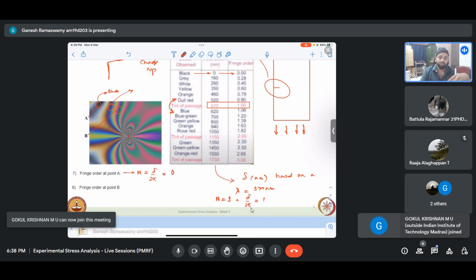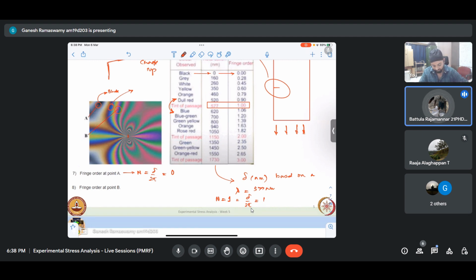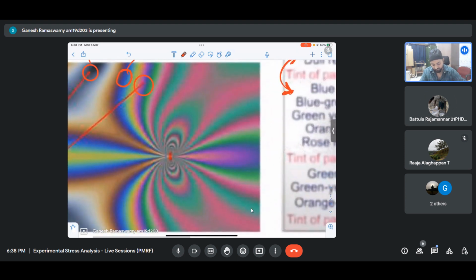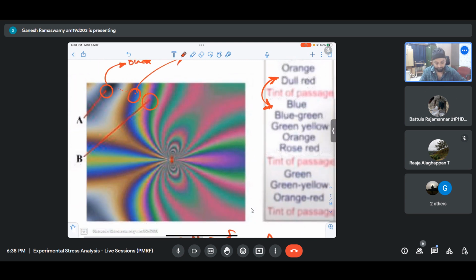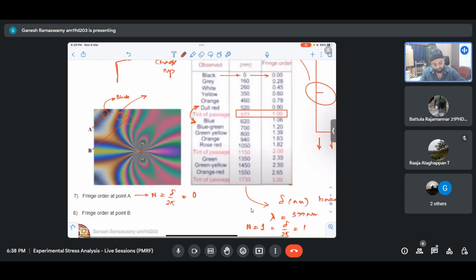From this image, we can see this is black, then somewhat whitish, then it goes towards red and then blue. In our color table, it goes black to gray, white, then orange, dull red to blue. This is exactly the variation we see here. So if this point is black, if this is 0, then this fringe, which I'm highlighting now, is fringe order 1.